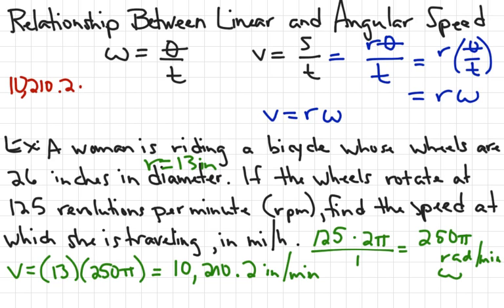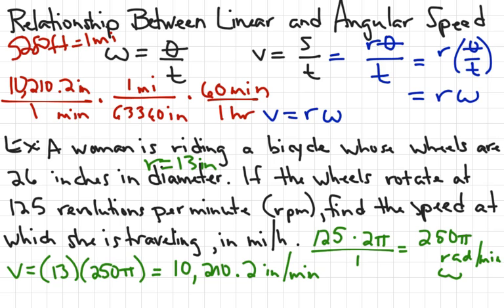10,210.2, and this is inches in 1 minute. And in order to change this into miles per hour, you need to remember that there are, let's start with the easy part, 5,280 feet in 1 mile. But we're in inches, so you have to take that 5,280 and multiply it by 12.